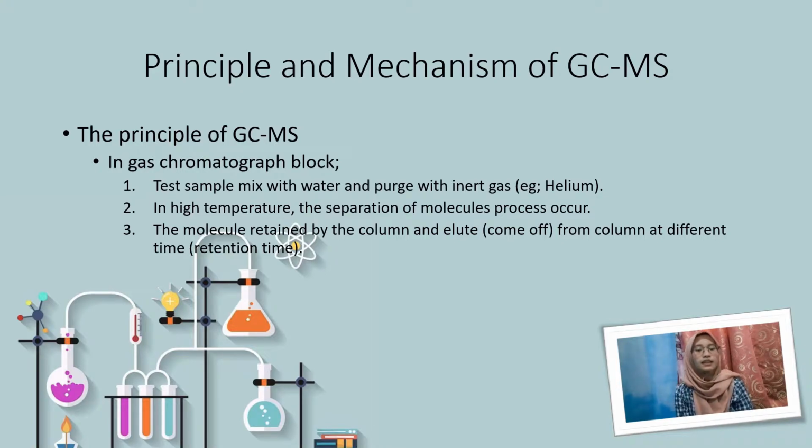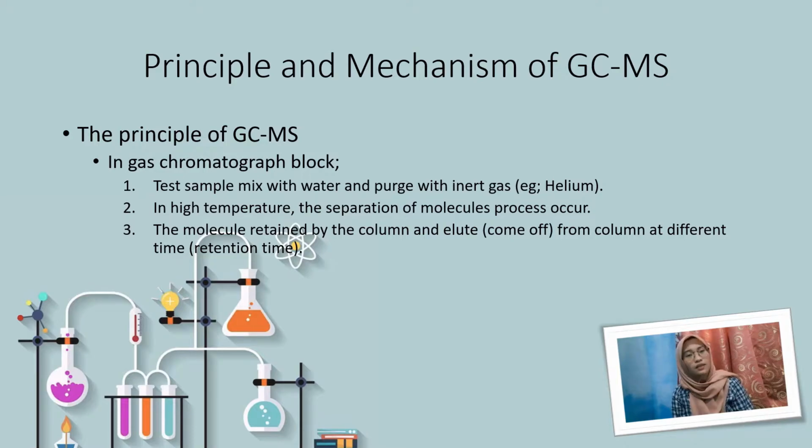After that, the molecules will be retained by the column, and will come off from the column at different times, or what we call the retention time. During the retention time, the molecules will move out from the oven and be transferred to the mass spectrometric block.